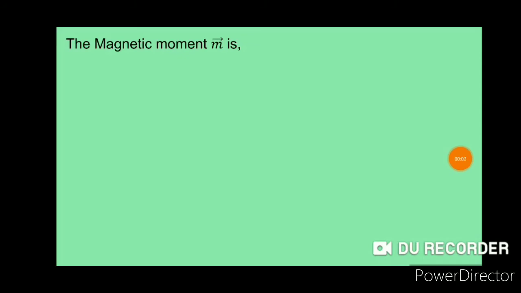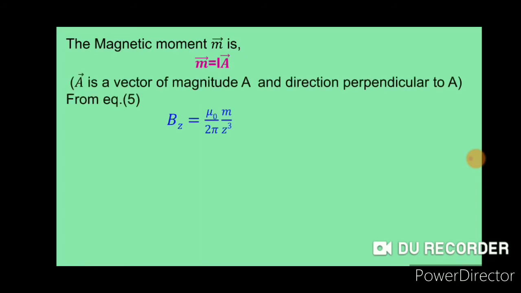The magnetic moment m bar of a circular loop is defined as m bar is equal to I into a bar, where a bar is the vector of magnitude a and direction perpendicular to the plane of the loop. Using equation number 5, Bz is equal to mu 0 upon 2 pi, m upon z cube. Therefore, Bz is equal to mu 0 upon 4 pi into 2 m bar upon z cube.